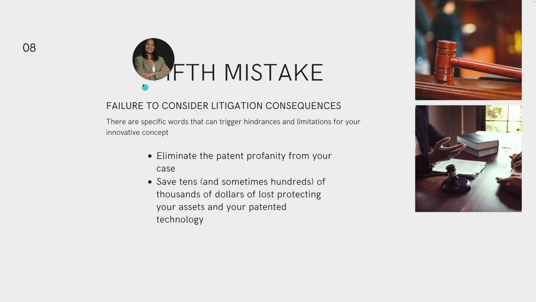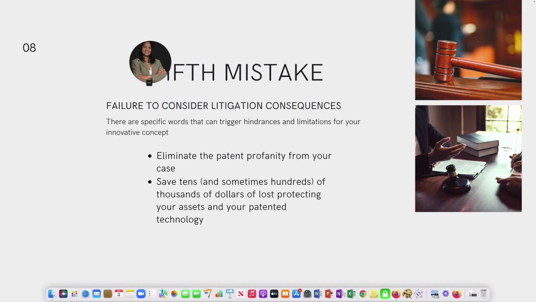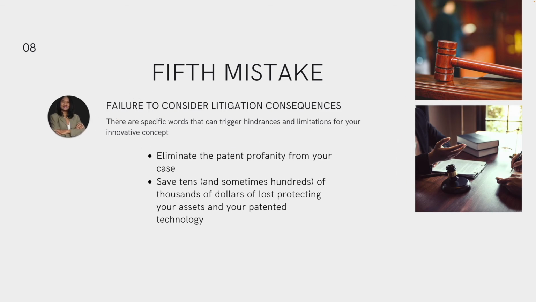Okay, the fifth mistake is a failure to consider litigation consequences. Now, one of the litigation consequences. All right, so let's look at litigation consequences. We have precedential legal opinions.